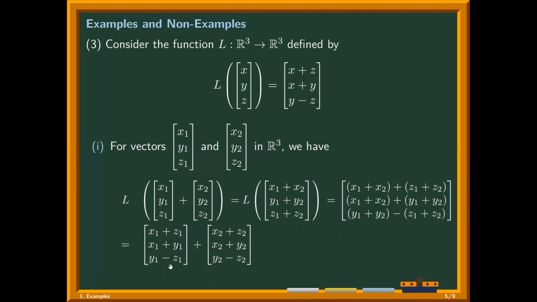But if you compare these with the definition of L, the first and second terms here can be written as the image of x1, y1, z1 under L and the image of x2, y2, z2 under L. So condition I in the definition of a linear transformation is satisfied.